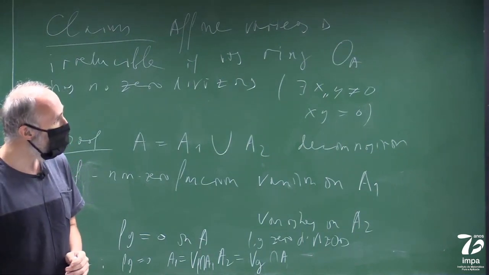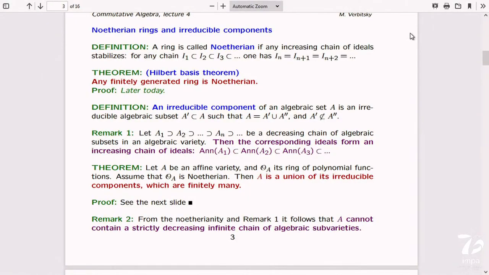Okay. What I'm telling you now, by the way, is from a paper of Emanuel Lasker, who was a chess player but also a mathematician. He was a student of Hilbert.